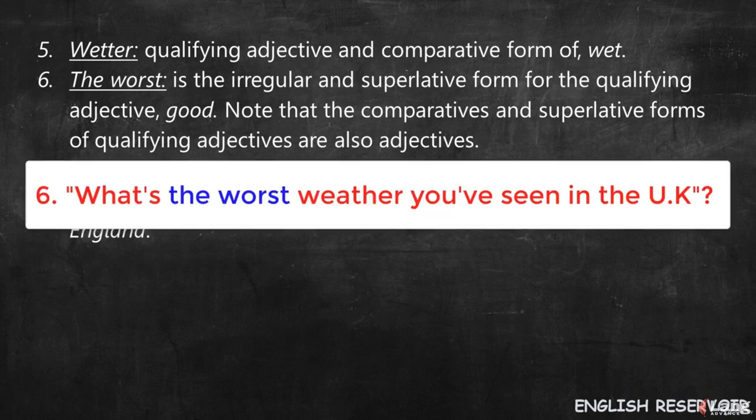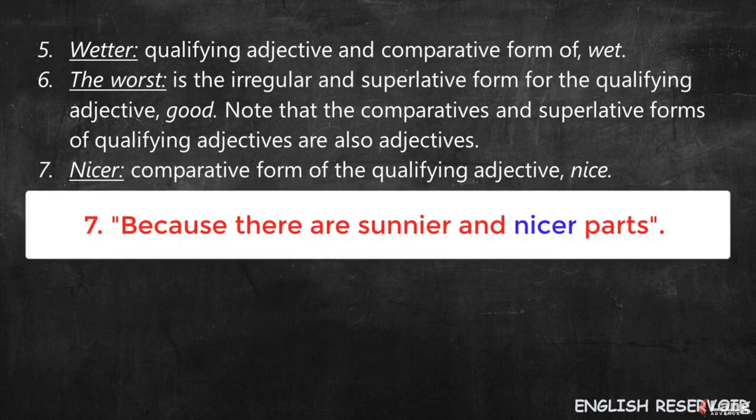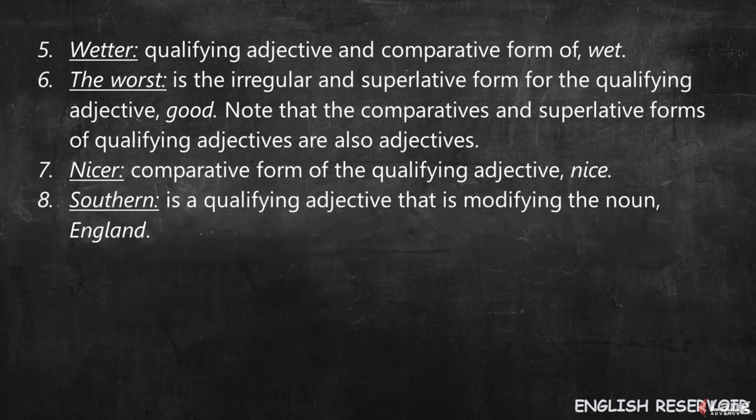The worst is the irregular and superlative form for the qualifying adjective bad. Note that the comparatives and superlative forms of qualifying adjectives are also adjectives. 7. Nicer. Comparative form of the qualifying adjective nice.